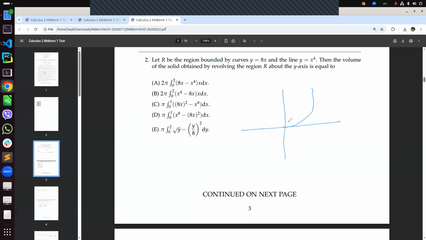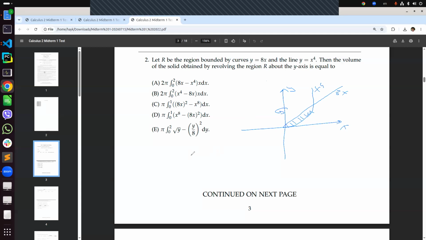So we have parabola x to the power 4, and we have line 8x. And this region is revolved around the y-axis. How can we find the volume? Actually, we just applied that formula.